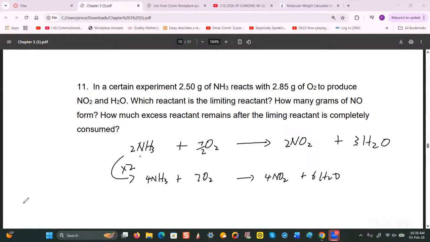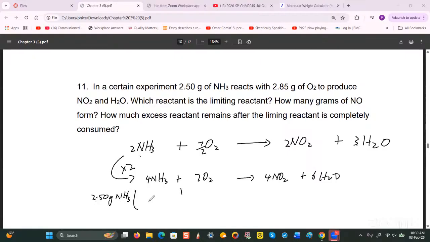All right, so with that said, let's start off with the 2.50 grams of ammonia, right? What I would do is find out how much of either of these products, it doesn't matter which one, will be produced based on the 2.5 grams of ammonia.